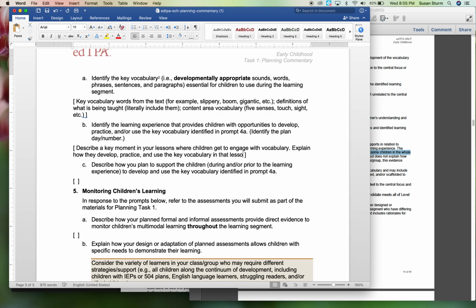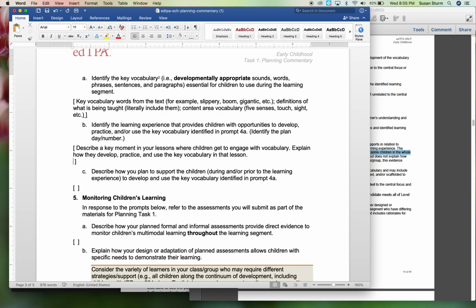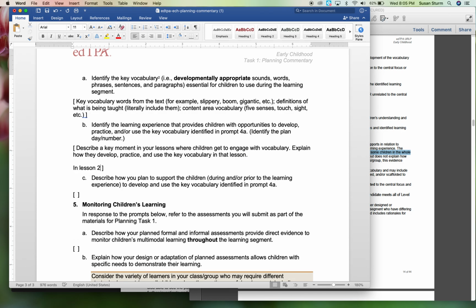So this would sound like, in lesson 2, I had students do blank with vocabulary words, and fill in the blank. So be super specific. So if you're teaching them, they get to play a game where they're going to sort the 5 senses descriptive words into the senses that they belong to.